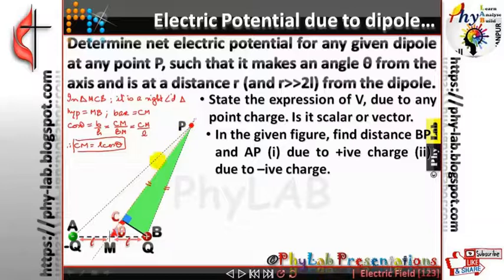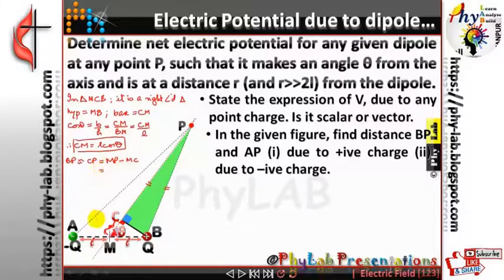So I can say that BP must be approximately equal to CP, as P is far off situated point, and CP is nothing but MP minus MC.